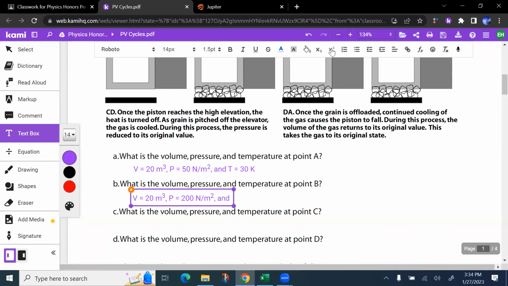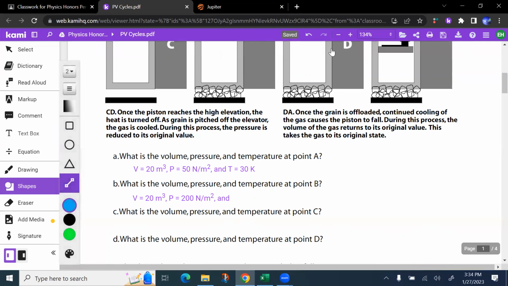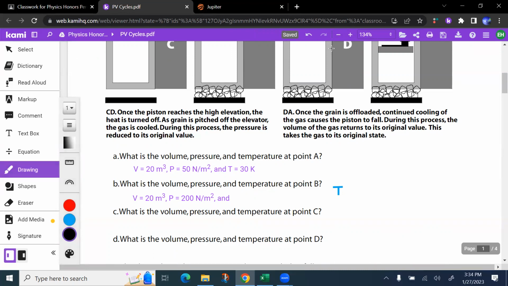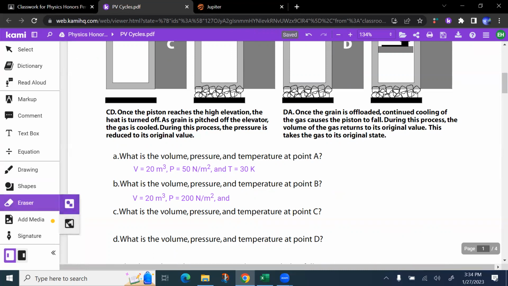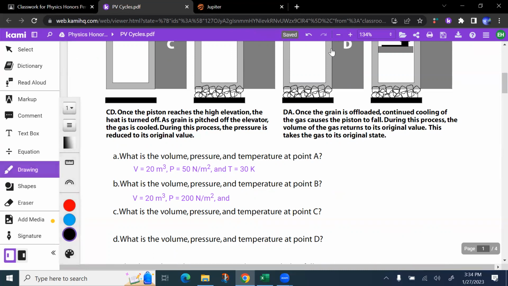And how is the temperature going to be affected by that? Well, remember, ladies and gentlemen, that temperature is proportional to pressure times volume.